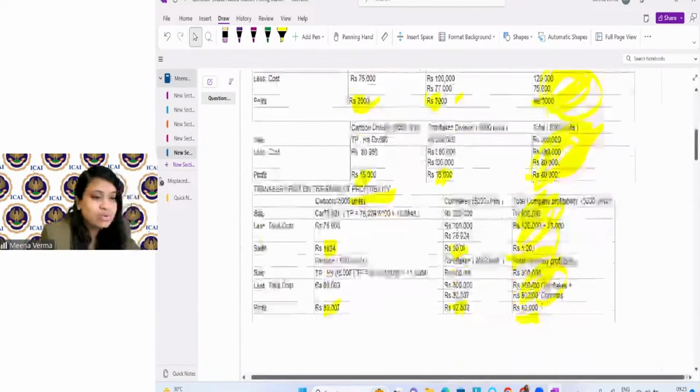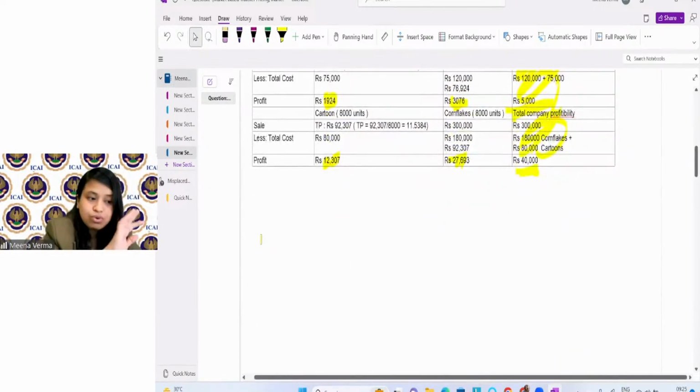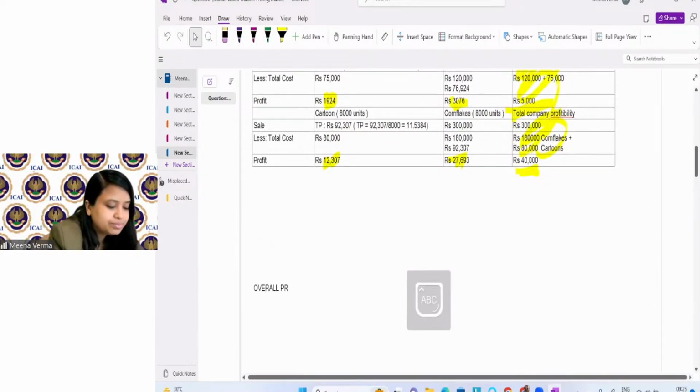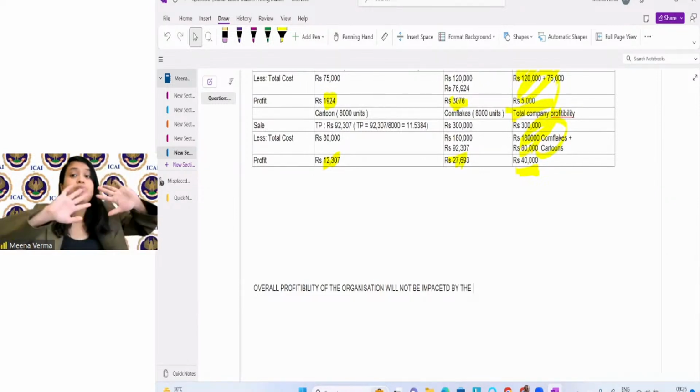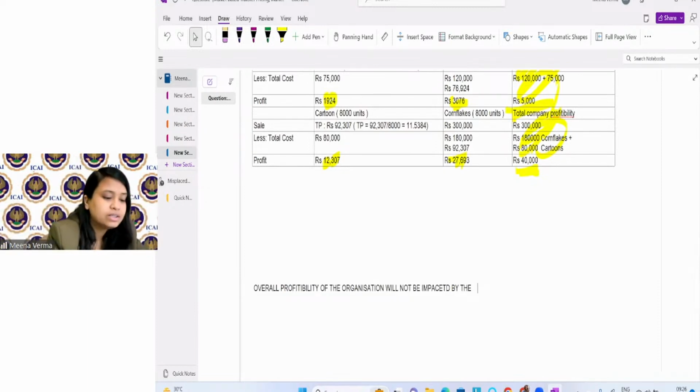Okay, this is what I want to explain to you here, that if you want, write this line: overall profitability of the organization will not be impacted by the transfer pricing method.